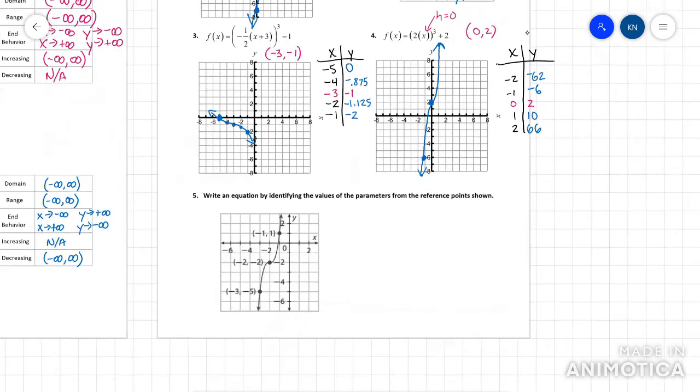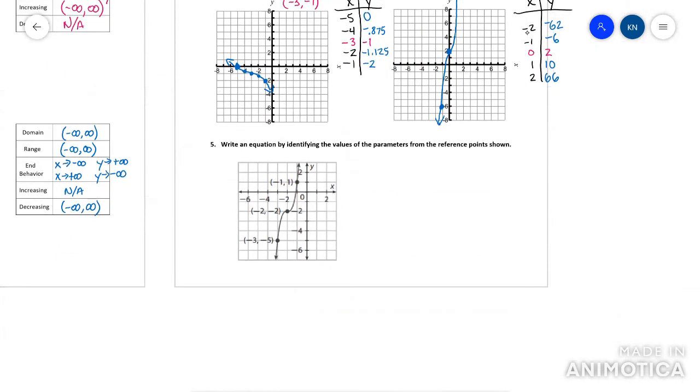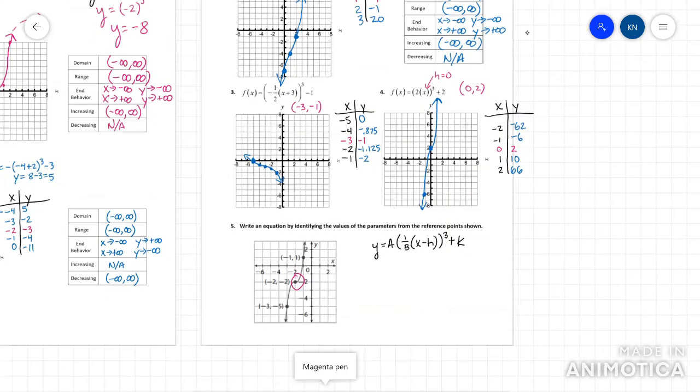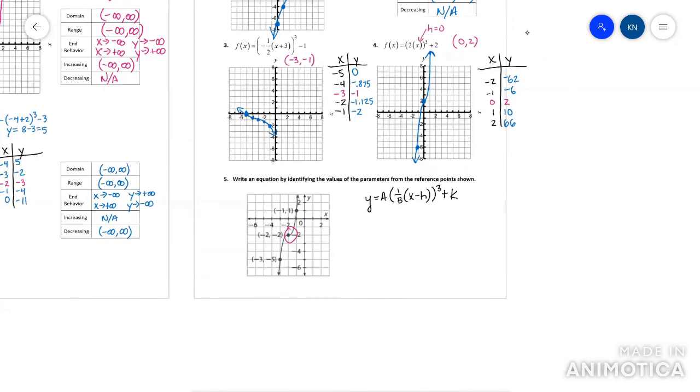All right, now this last one, here's how you're going to do this. You have this equation, y equals a times (1 over b)(x minus h) cubed plus k. All right, now the first thing you want to do is find this vertex here, which is at -2, -2. So remember, your h is lying to you.